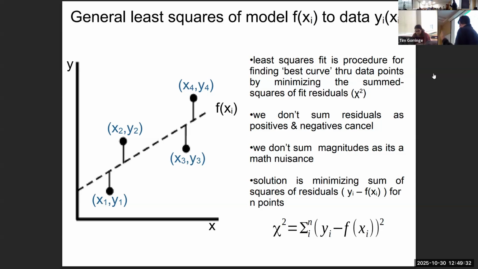And so I've imagined 4 points here with the subscripts 1, 2, 3, and 4 labeling the 4 different points. And for these 4 points, I want to fit a straight line. I want to find the best straight line through these data, the best straight line matching these data.